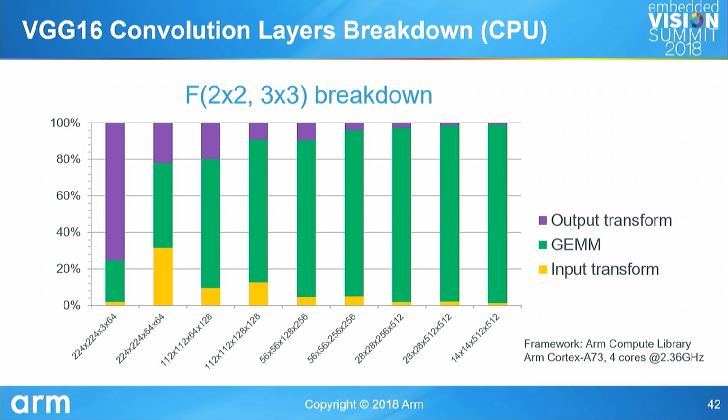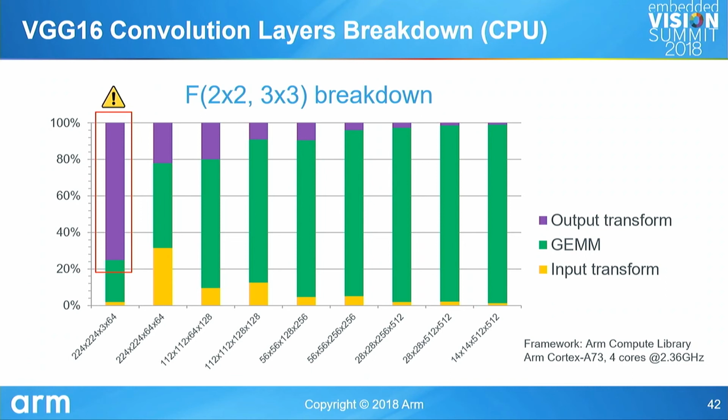So this graph shows this thing. The deeper we go, the more negligible the time for the input transform and the output transform becomes, okay? So for the first convolution layer, which is the first bar on the left-hand side, we can see that the output transformation is not negligible at all.